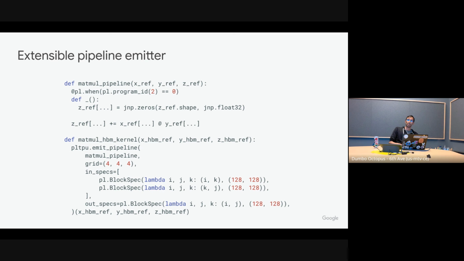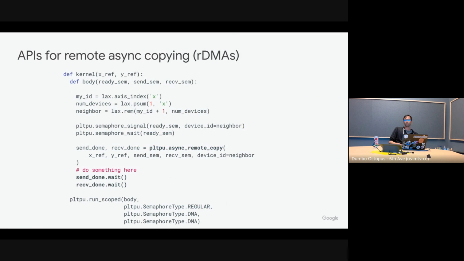But another is that it composes really well with this API. And this is, as I said, the way you can do copying from one device to another device. And this is the mechanism by which all collectives are implemented in XLA.